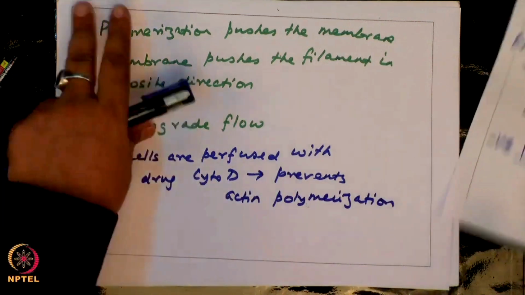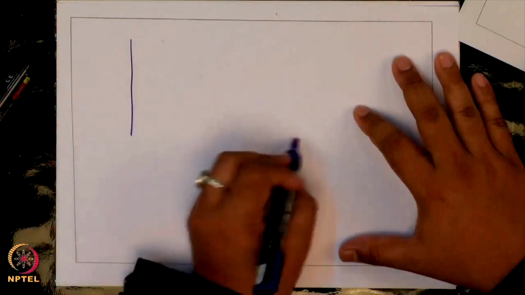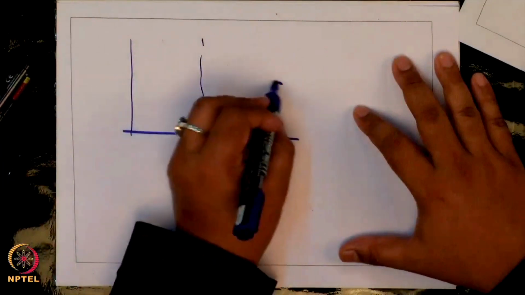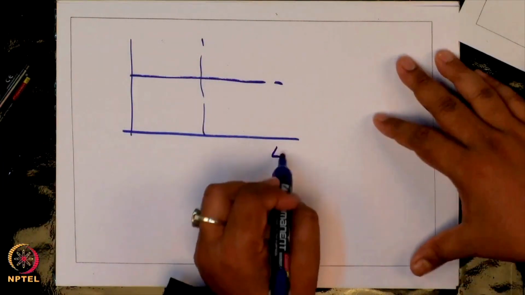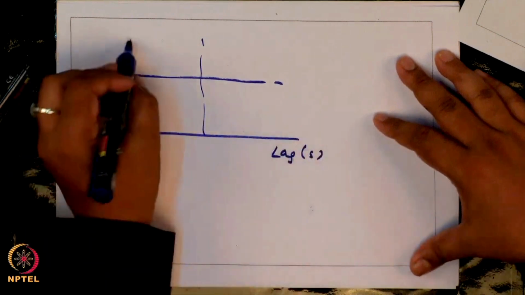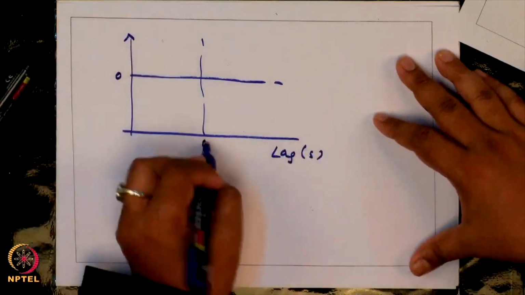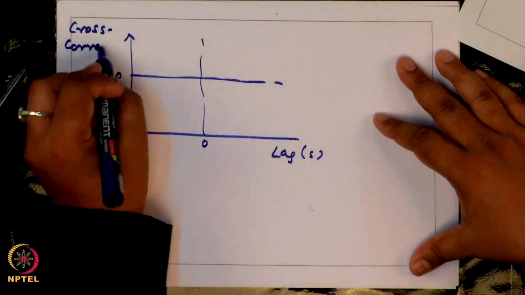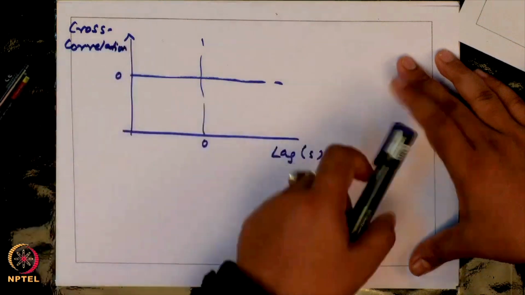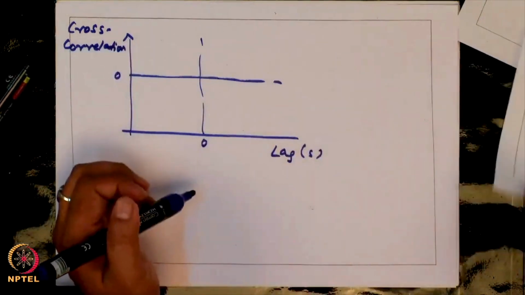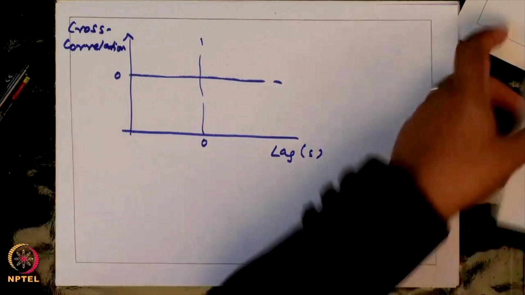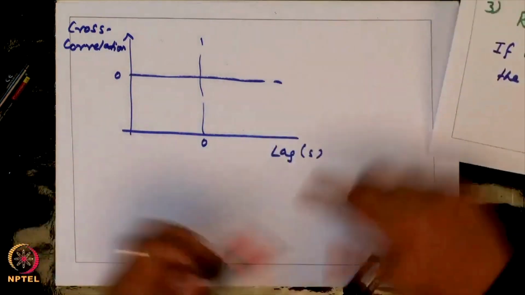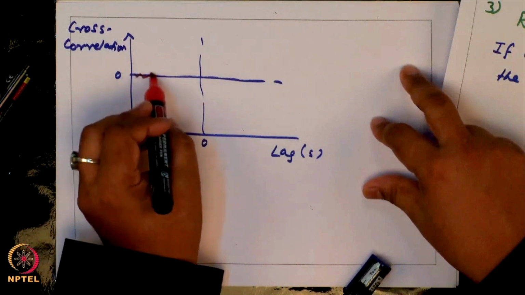Okay, so in terms of cross correlation, you have the following. This is lag time and this is cross correlation. So, this is 0, 0. What you have is your red, which is the edge displacement.